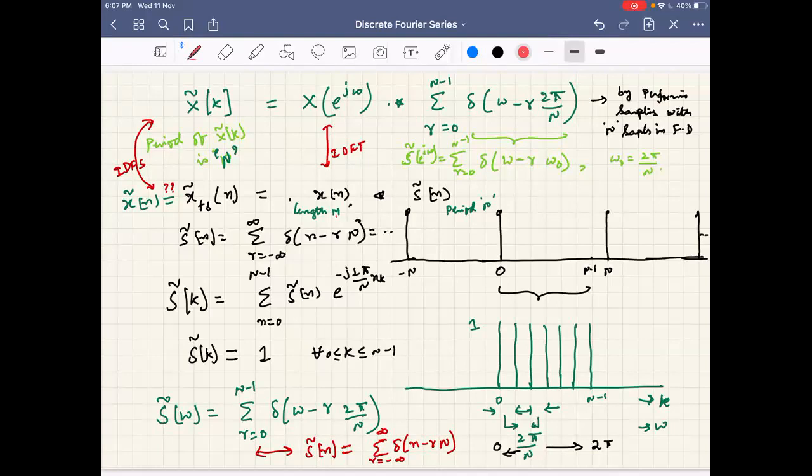In case M is lesser than N, or the number of samples in the frequency domain is higher than M, then if you take one period of x tilde of n, we will be able to get x of n.